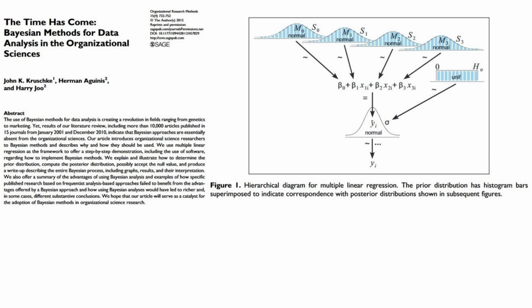But the good news is JAGS is free and open source. And there are packages and interfaces like R and rjags that make it much more user-friendly. You don't need to be a programming wizard to work with it. So there's a bit of a learning curve, but it's manageable for those of us who aren't professional programmers. Absolutely.